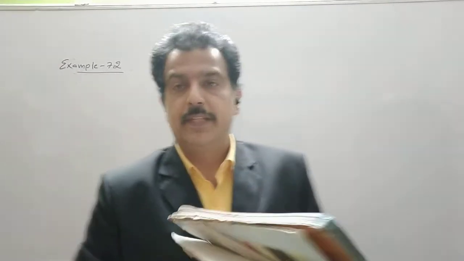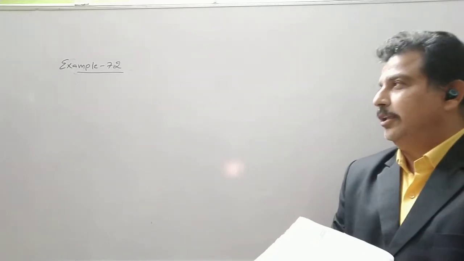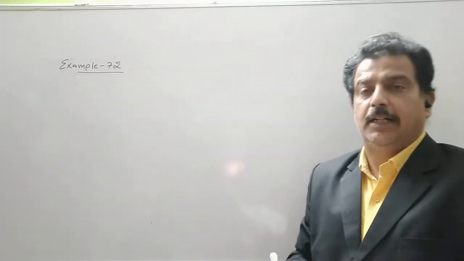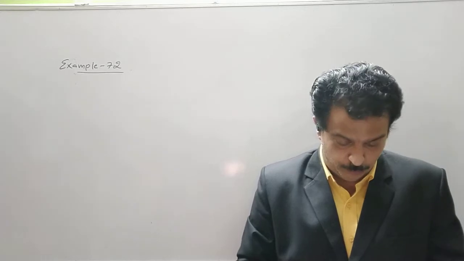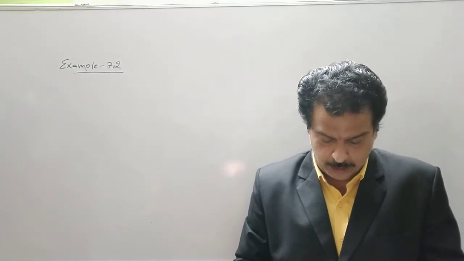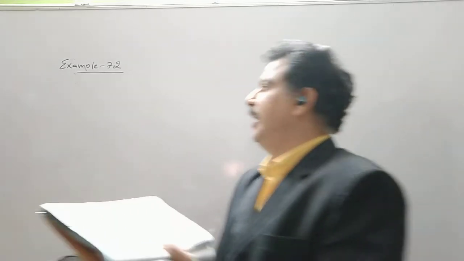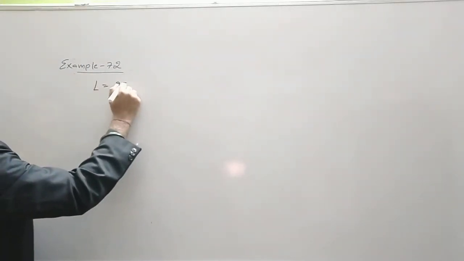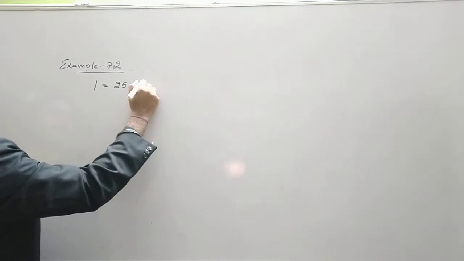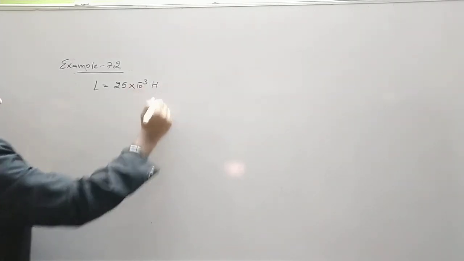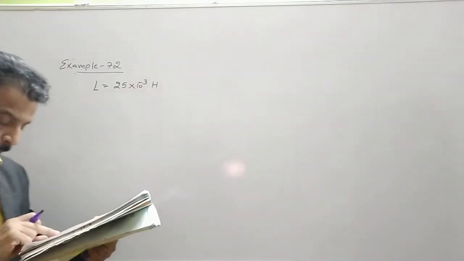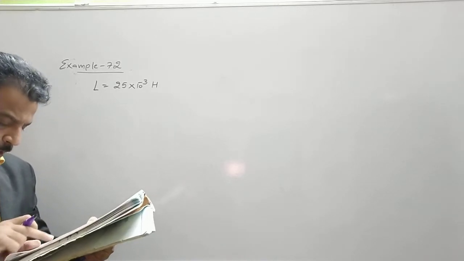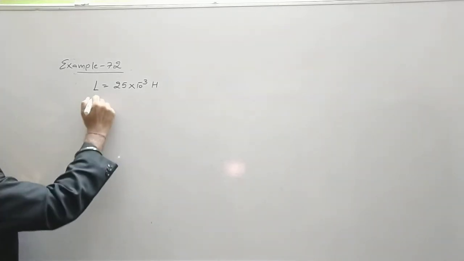Now let us see example number 2. Now these examples are direct applications of the formula. A pure inductor of 25 millihenry, so L is equal to 25 millihenry, so milli can be written as 10 raised to minus 3, is connected to a source of 220 volt.